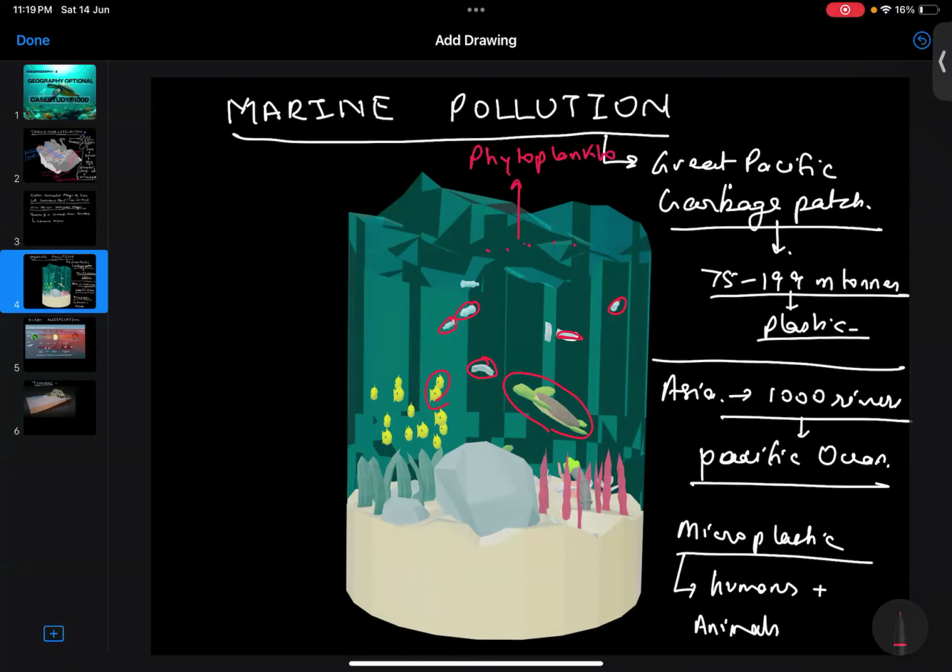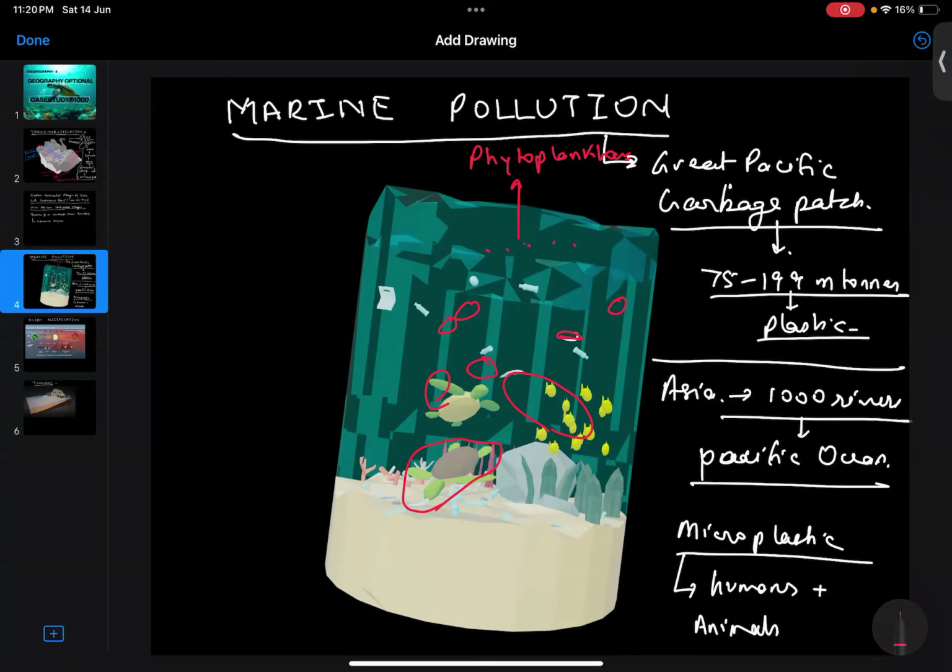So we can understand from this 3D model how important it is to clear plastic from the oceanic regions. It is seen that almost 60% of the fish consumed by humans contain microplastics, which is resulting in cancer and infertility in human beings.